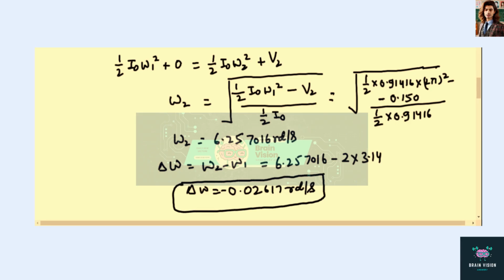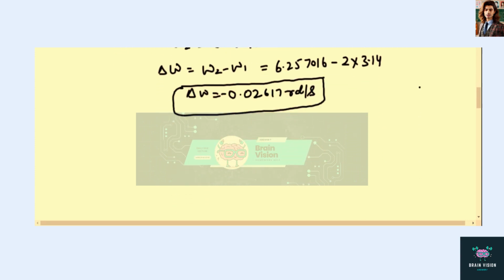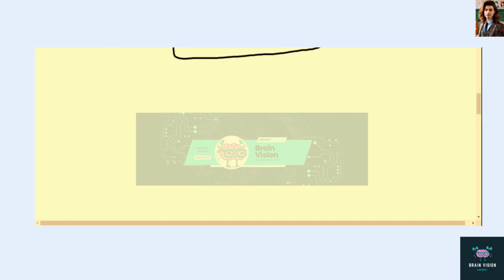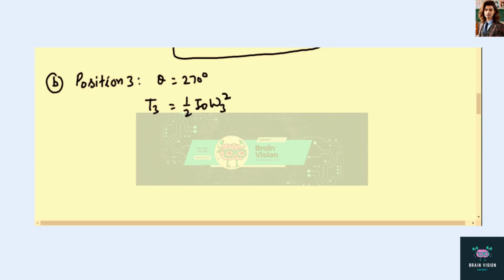Now we have to find part B. For position third, where theta is 270, kinetic energy is half I naught omega 3 square.